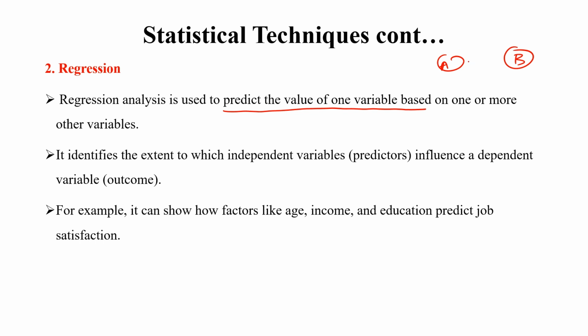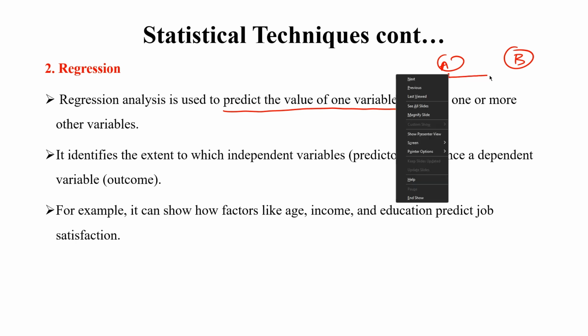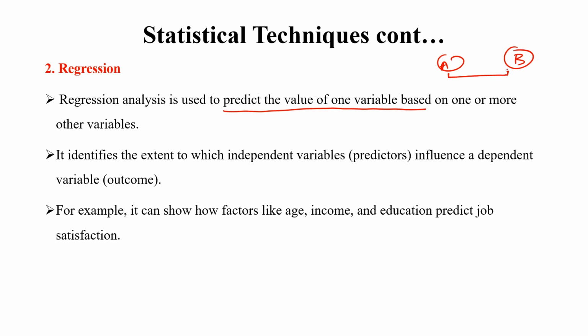In regression, we find how well the predictor A can influence the dependent variable. For example, it can show how factors like age, income, and education predict job satisfaction. That is the major purpose of regression analysis.